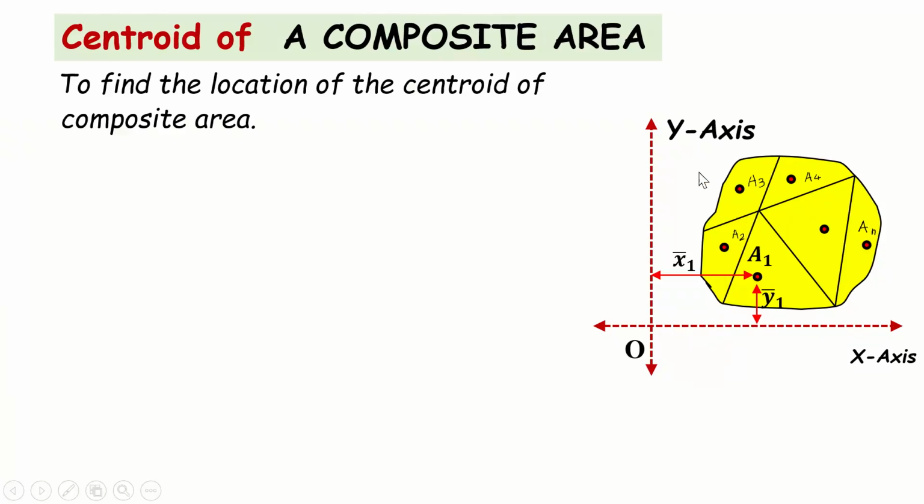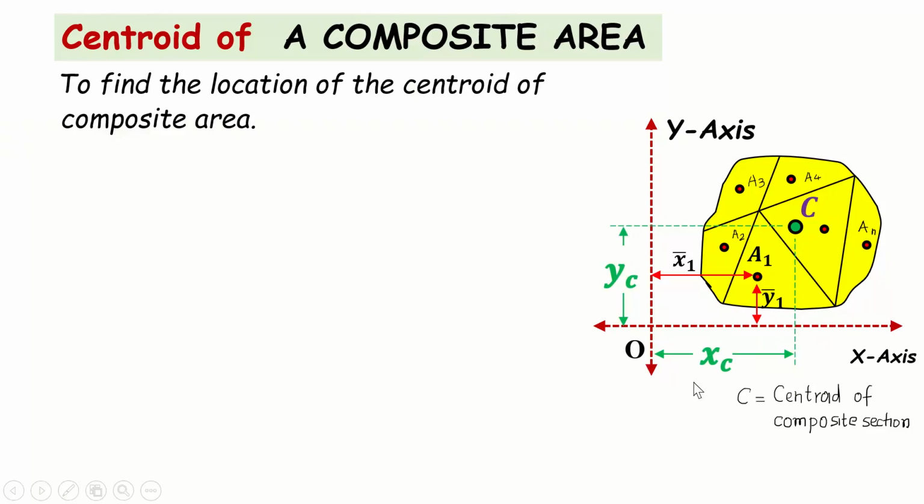Now for the complete section, for the complete area, there will be a location of centroid, that is called the centroid of the composite section. So C basically indicates the centroid of the composite section or composite area. Here we are going to find out the x and y coordinate of the centroid of the composite section. The x coordinate is xc, friends, and the y coordinate is yc.